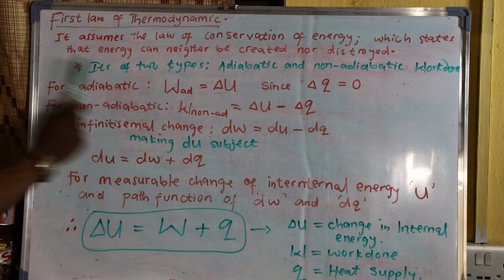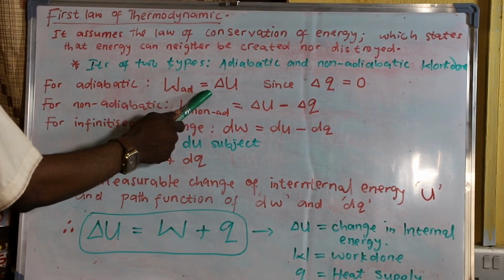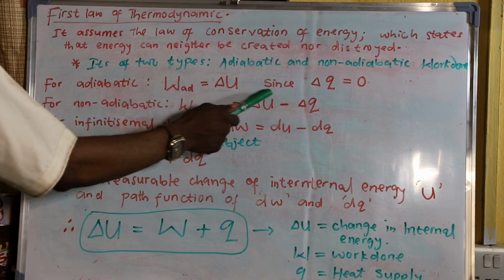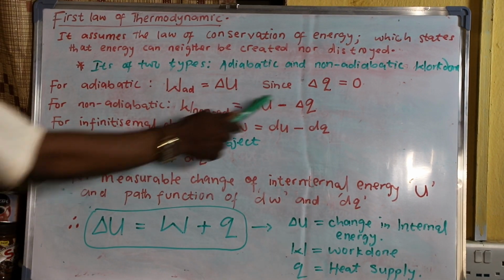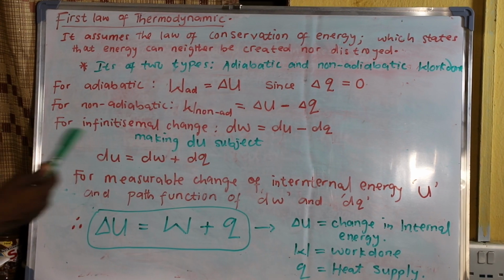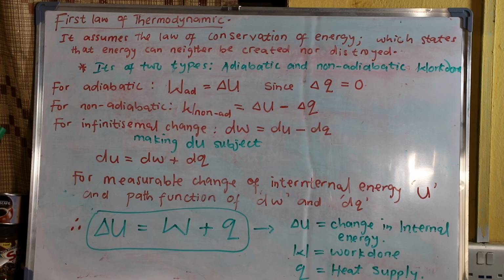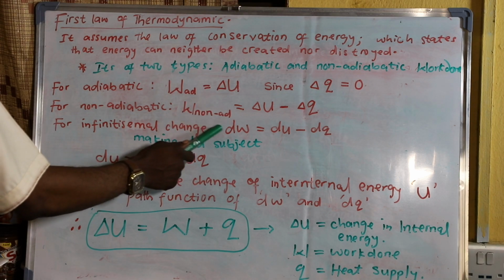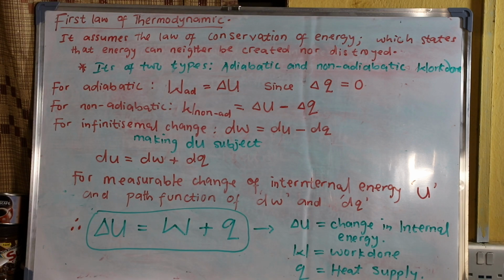For adiabatic, work is equal to dU, since we know dq is equal to 0, the heat supply is equal to 0. Adiabatic, as we discussed recently, is at constant heat supply. So dq is equal to 0. And for non-adiabatic, work is equal to dU minus dq.